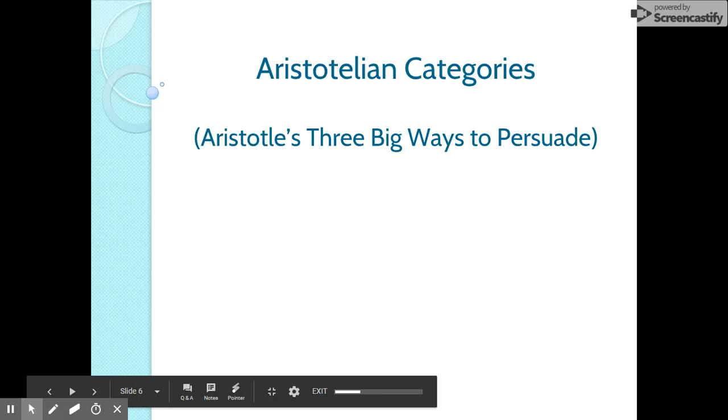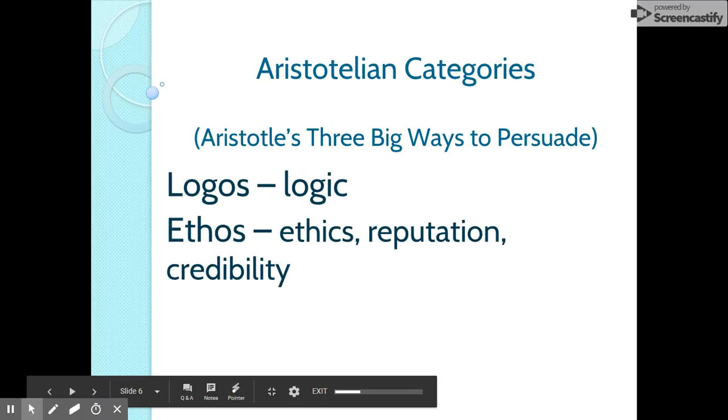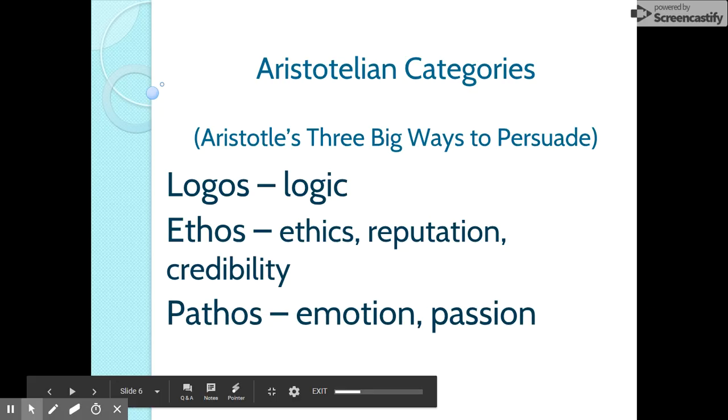Aristotle described the 3 big ways of persuading someone else as logic or logos, ethics, reputation, credibility or ethos, and emotion or passions as pathos.